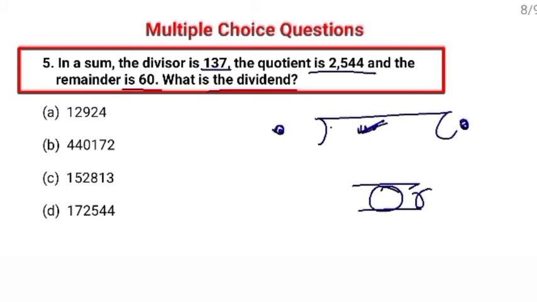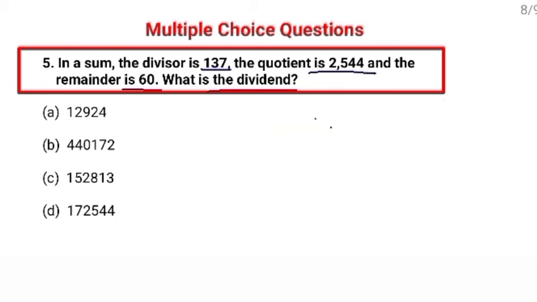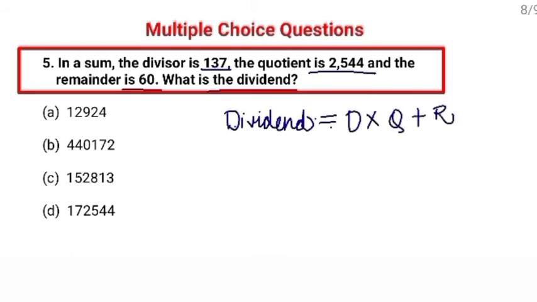To find the dividend, we multiply the divisor by the quotient and then add the remainder. So we have a direct formula: dividend is equal to divisor times quotient plus remainder.